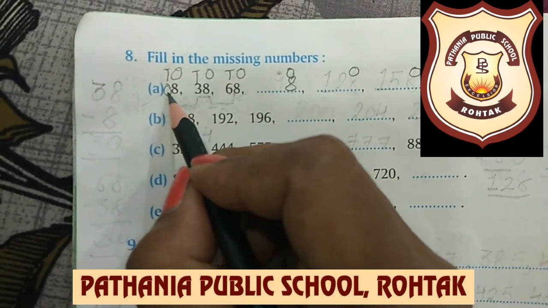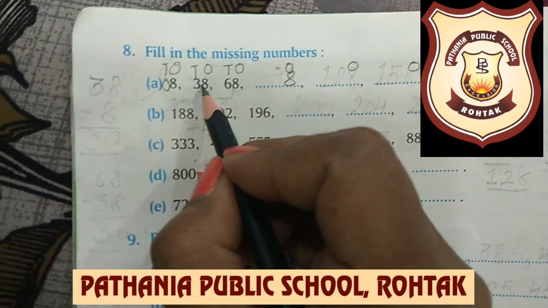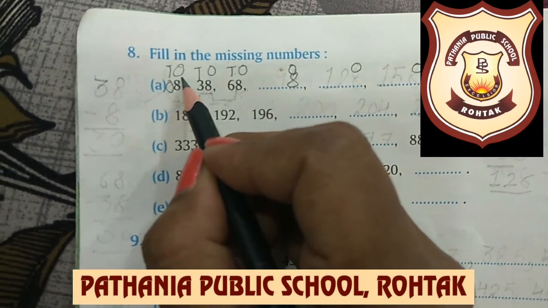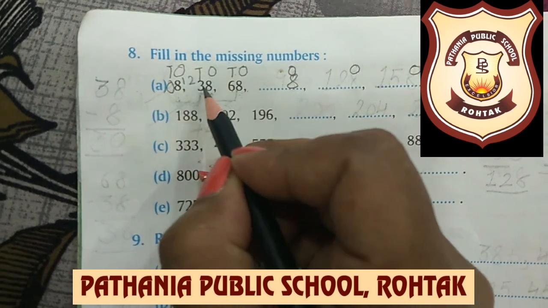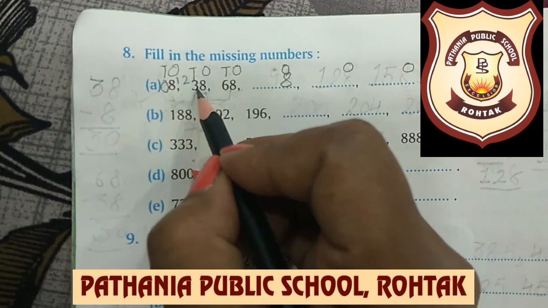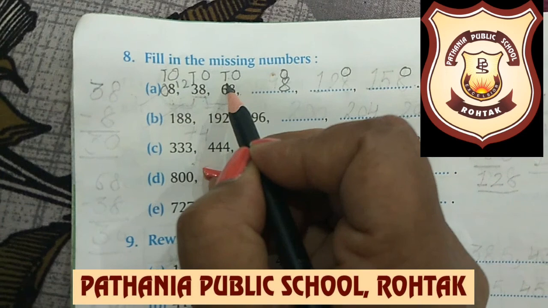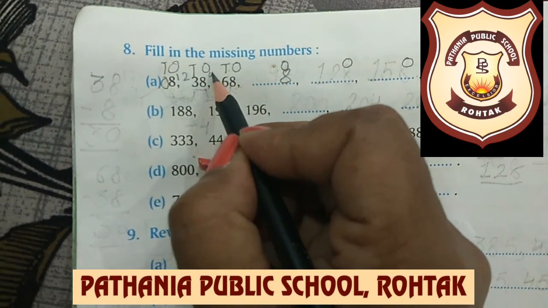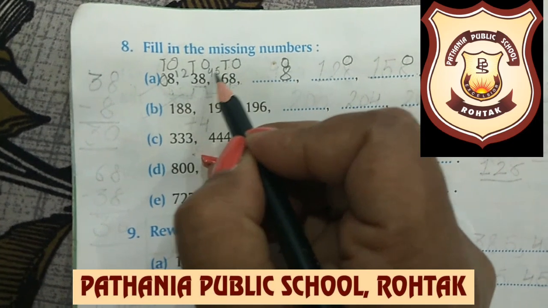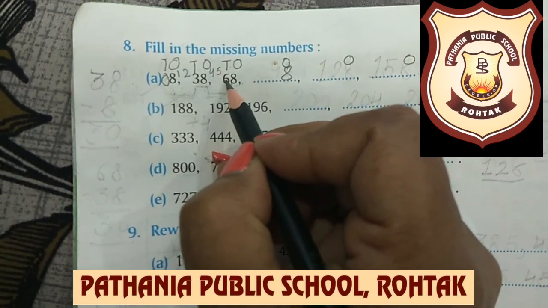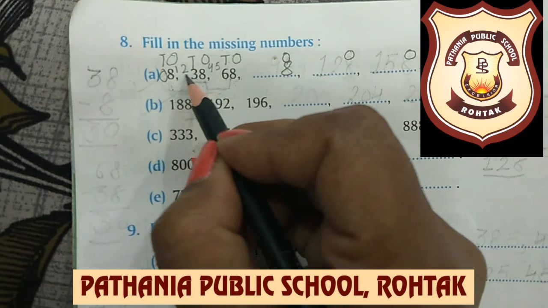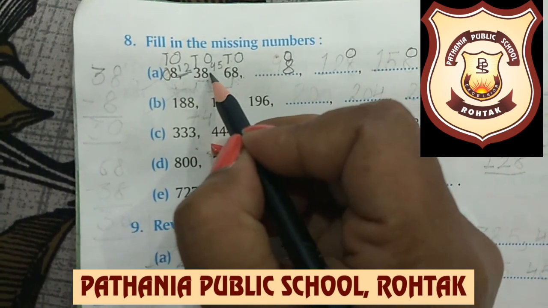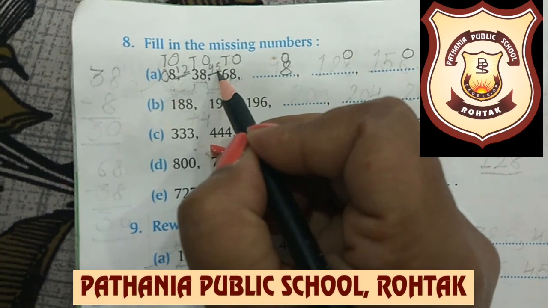How many tens have we skipped by reaching 3? After 0 we left 1 and 2. Then we came to 3. Now after 3, how many tens have we skipped for reaching 6? After 3, 4 and 5 we have skipped for reaching 6. Now after 6, see again, here also we have skipped 2 tens and here also we have skipped 2 tens.